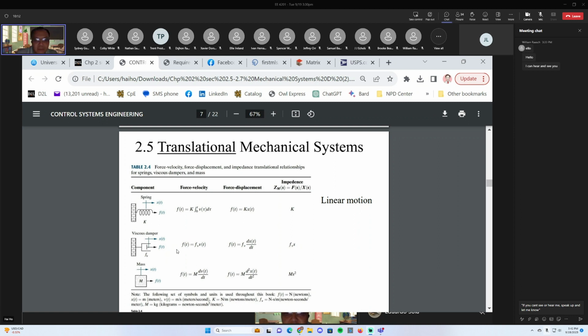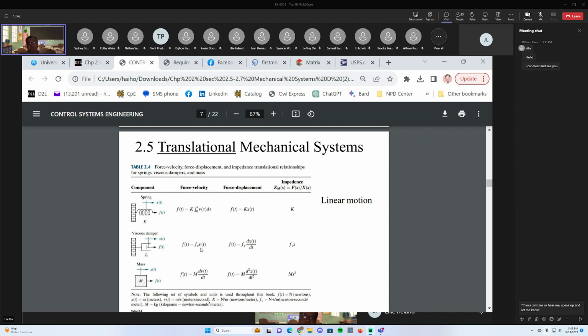The relationship between force and, in this case, the velocity of the position of the mass, if you will, is going to be Fv, which is the friction coefficient, times the velocity. Think of a mass sitting on a floor with friction.